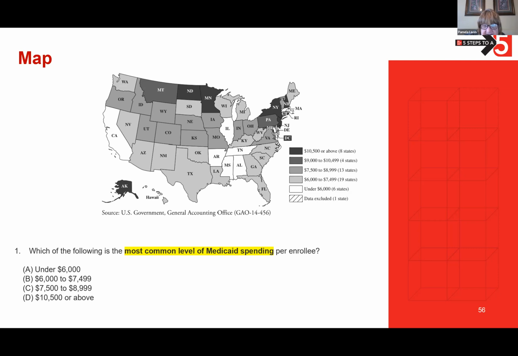The second one is 4 states. 7,500 to 89.99 is 13 states, and 6,000 to 74.99 is 19 states. They give you that information. You don't even have to count them in the map, because if you look at the legend, you can see which of the following is most common, which one has the most. And that should be the 6,000 to 74.99.